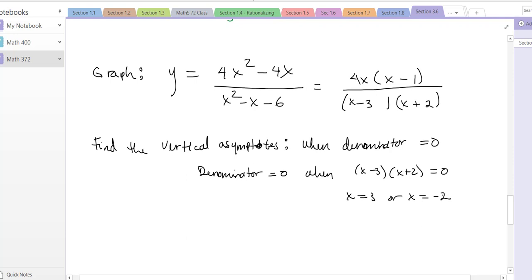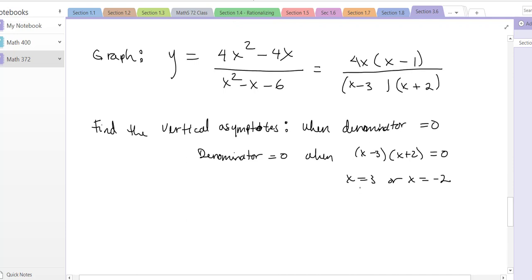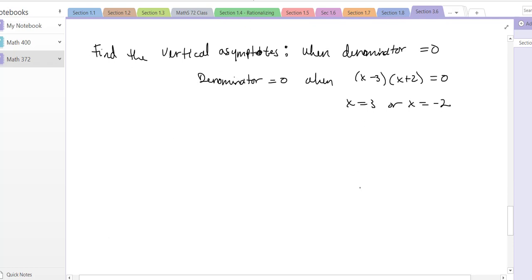This should be looking very familiar because this is the same thing as finding the domain, right? The domain excludes all the values where the function is undefined. A fraction is undefined when the denominator is 0. It just so turns out when the denominator is 0, those points of undefinedness are our vertical asymptotes. So those are vertical asymptotes, and you can check them too.